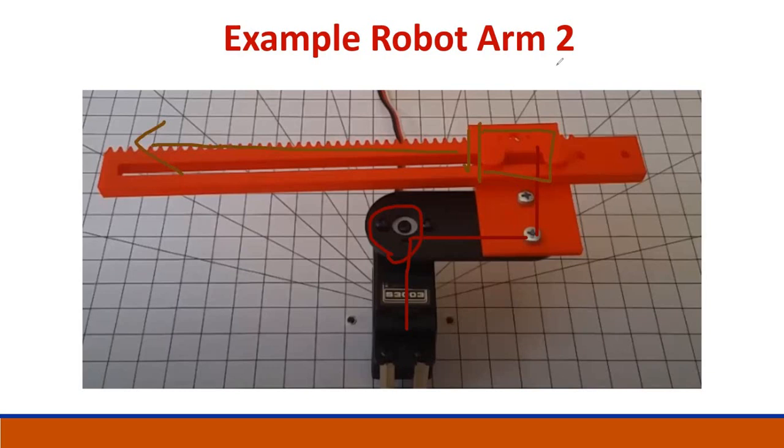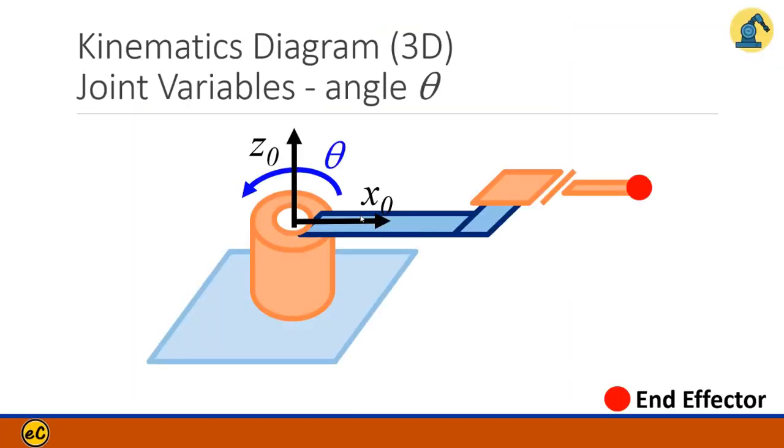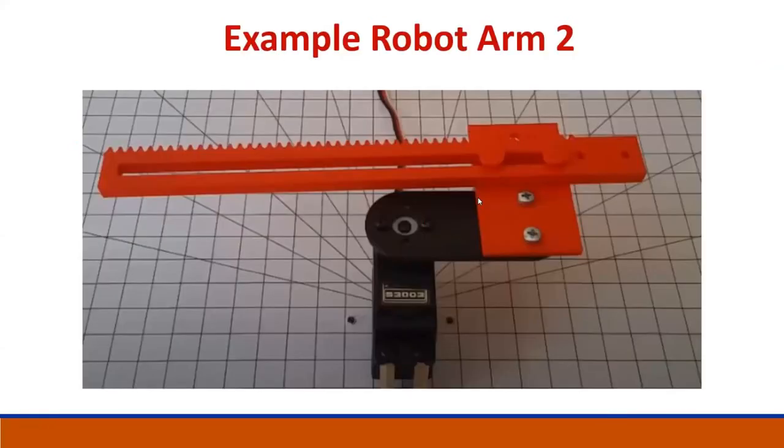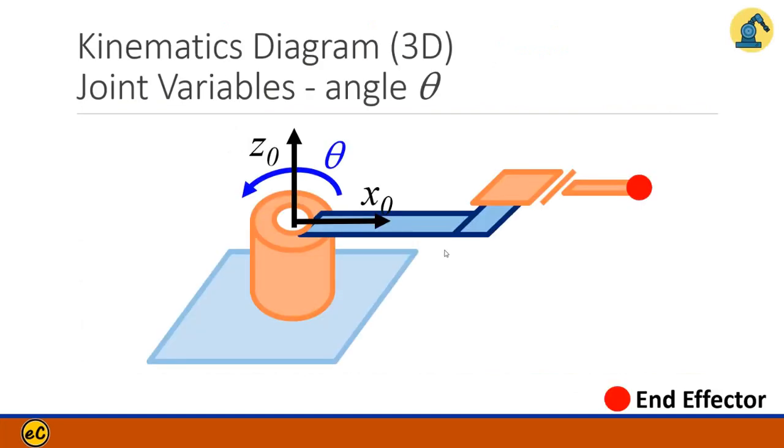This is the model we see right here. The last one, the endpoint, is right here. It's extended this way, so you can push it to make it longer. So we can model it like this.